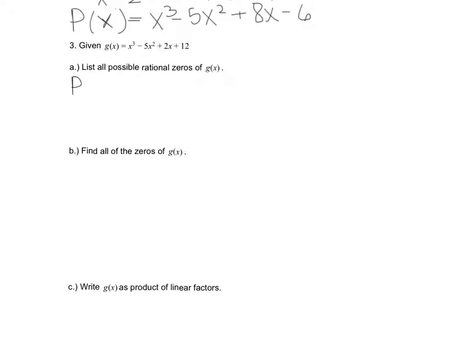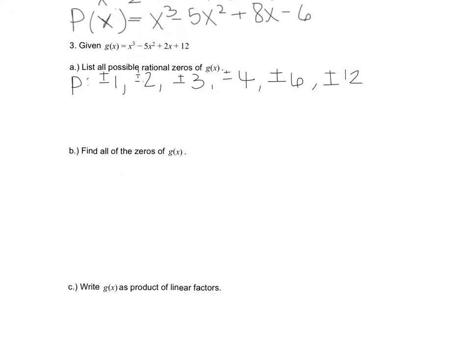So our factors of 12 are plus or minus 1, plus or minus 2, plus or minus 3, plus or minus 4, plus or minus 6, and plus or minus 12.